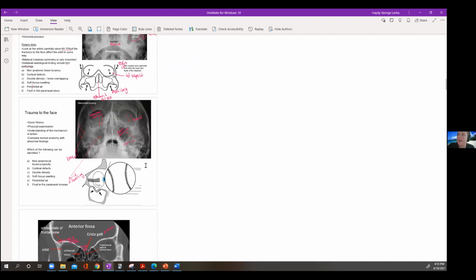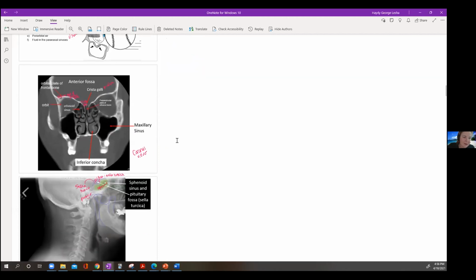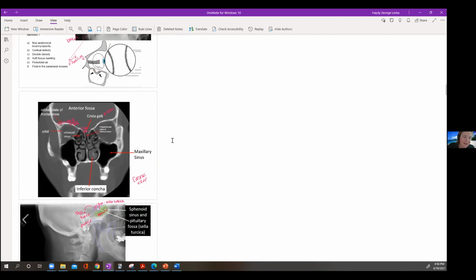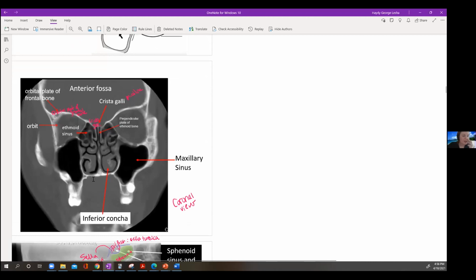This is going to come back, the baseball to the eye. The baseball to the eye is definitely going to come back, and they are going to have an MRI image of that. Based on the presentation of the patient, you are going to have to know what is damaged. This is a really good example right here. You need to know the sinuses, and you need to know, oh crap, concha, sinuses and concha. You need to know all of that and what's associated with what.